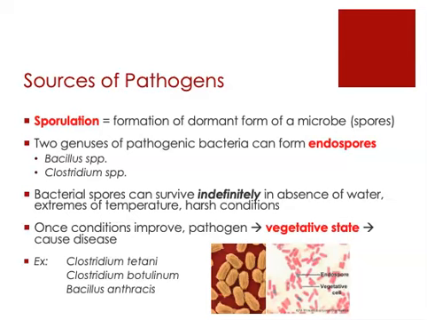They do not metabolize, and they're just inanimate forms of the pathogen. But once those spores get into a good environment, particularly a host organism, the conditions are ripe for them to return to the vegetative state, to become cellular once again, and to cause disease.